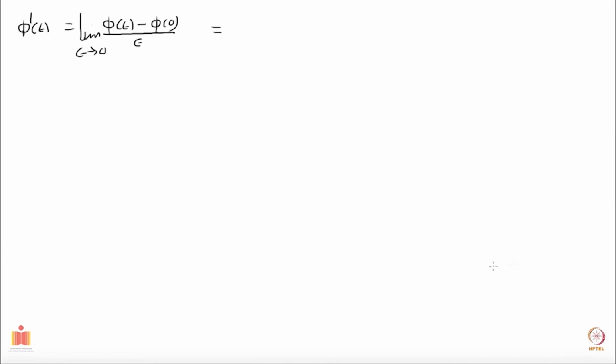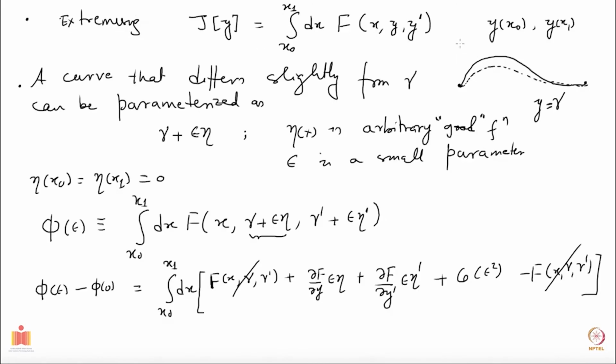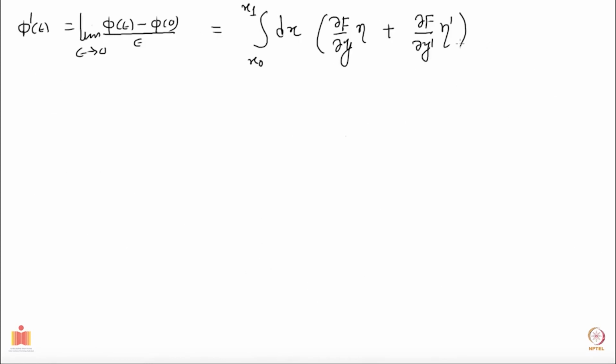So let me write that down. You get the integral from x0 to x1 dx of del f over del y eta plus del f over del y prime eta prime. Let's see whether that is correct. That is correct. Very good.